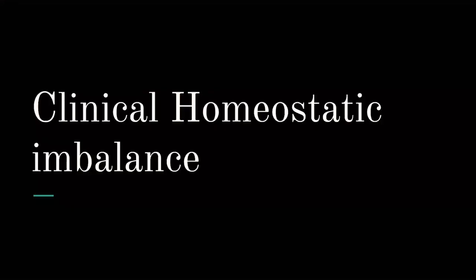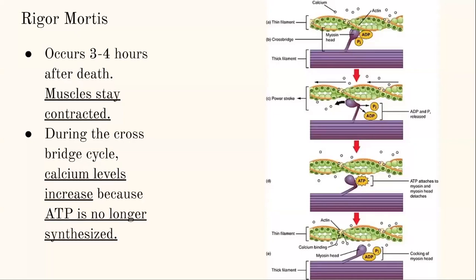Okay, and lastly, we have rigor mortis. So during those 4 steps of the cross-bridge cycle, the calcium comes in. Well, first off, this happens when somebody has died. So a couple hours after death, during the cross-bridge cycle, there is no ATP that's able to detach the myosin head from the actin filament.